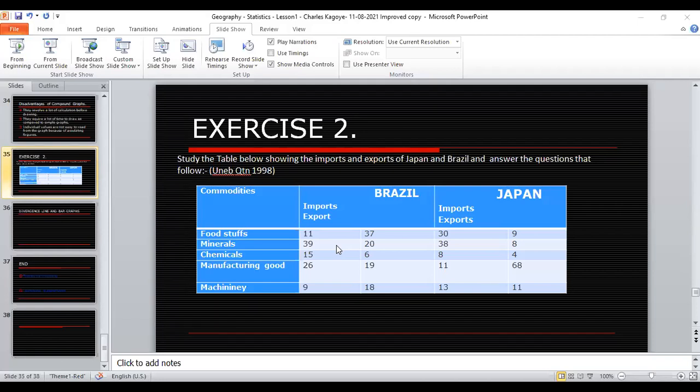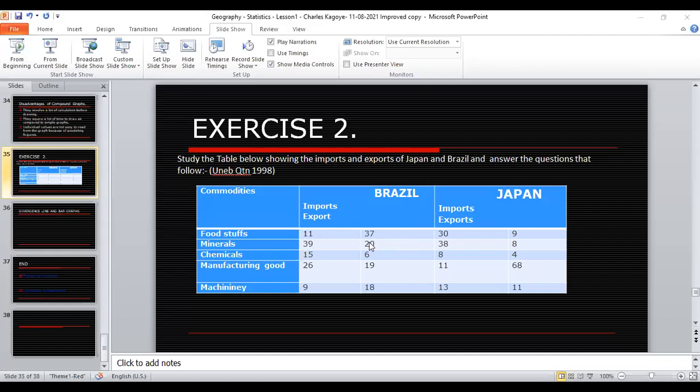They have asked questions about trend. Give the trend of this. When they ask for the patterns, it is like they want to know what is common in all of these two, the imports and the exports, in terms of when they export foodstuffs, minerals, chemicals. Do they have something that is in line, especially in these figures? If you look at the figures, for example, for exports or imports for Brazil, and you look at the imports, is there any similarity?